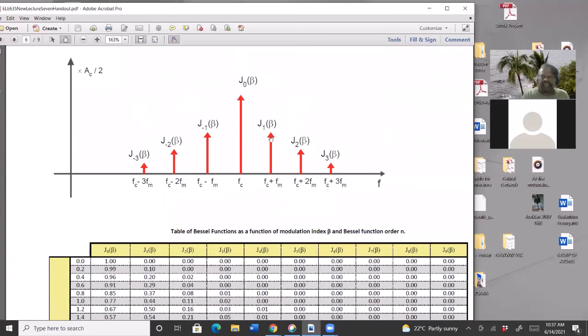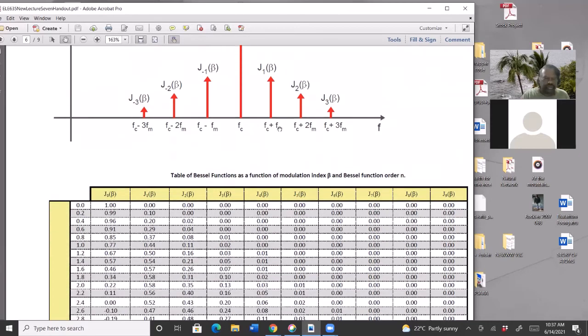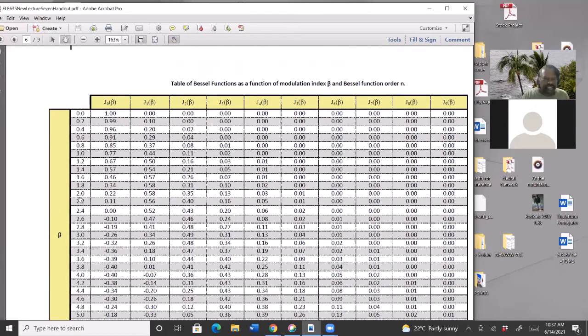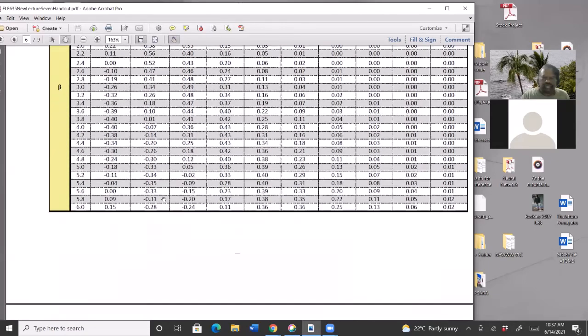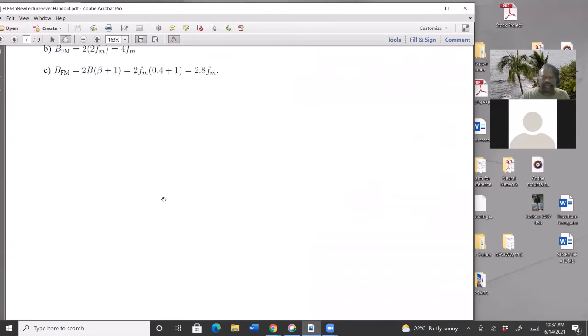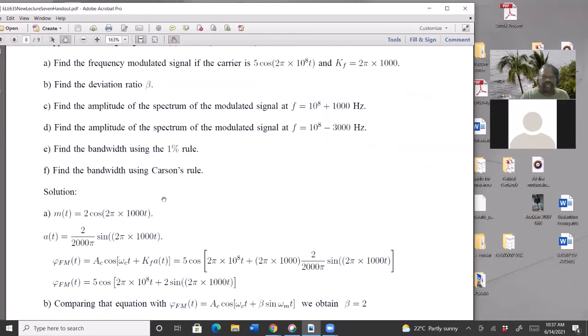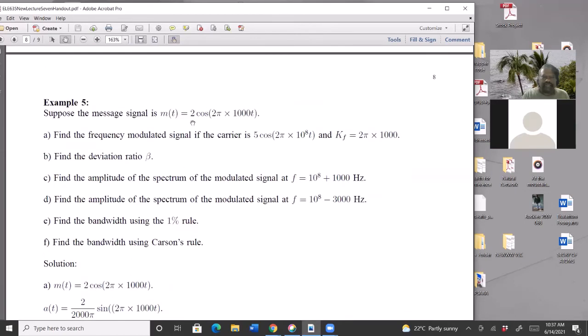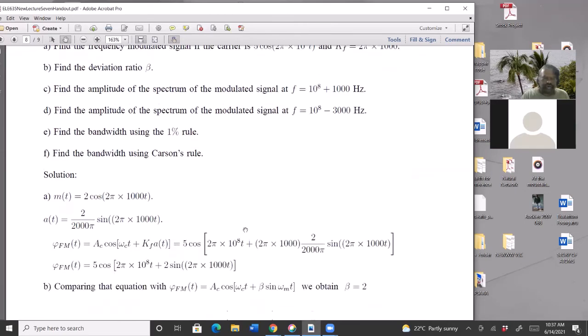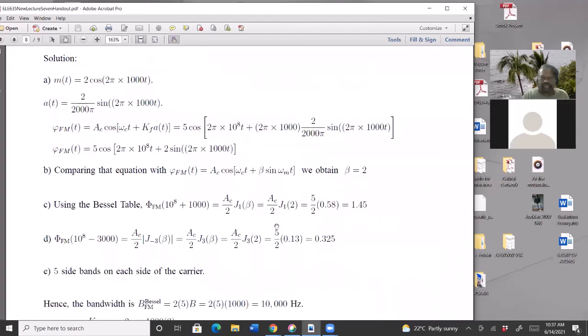At Fc plus Fm, we have to look for J1 at beta, and beta is 2. So where beta is 2, which is here, J1 is 0.58. But remember, all of these values have to be multiplied by Ac over 2, and Ac is 2. So it's 2 over 2.